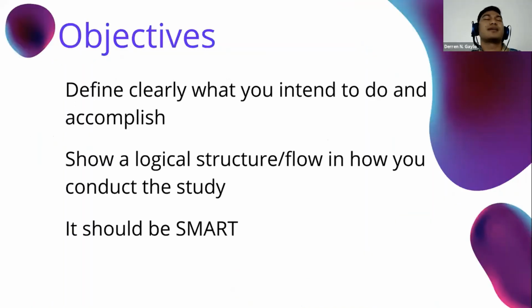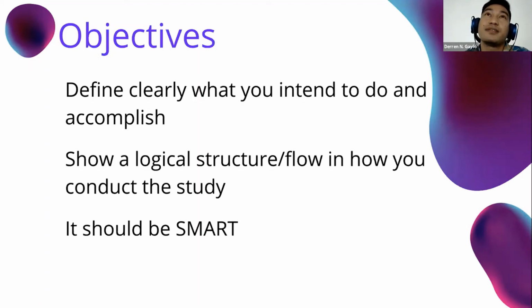And next, I'll be talking about the objectives of your study, or you could have it as a statement of purpose, or the statement of the problem per se. What is necessary in the objectives is that it should clearly define what you intend to do and accomplish. Then you show a logical structure or flow of how you conduct the study.